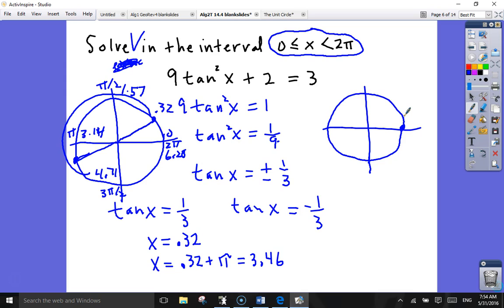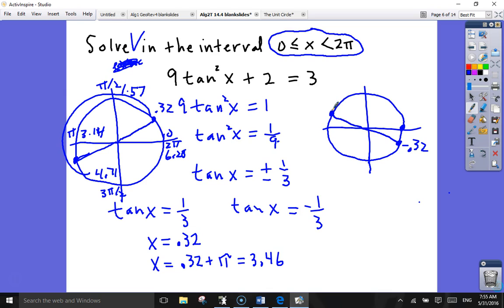You're going clockwise around the circle, right? So if 0.32 was here, negative 0.32 would be about right there. Now, is negative 0.32 one of our answers? Remember, it said the answers have to be between 0 and 2 pi. So negative 0.32 isn't in that interval, right? So how am I going to find the angle that's right across from it? Right there.